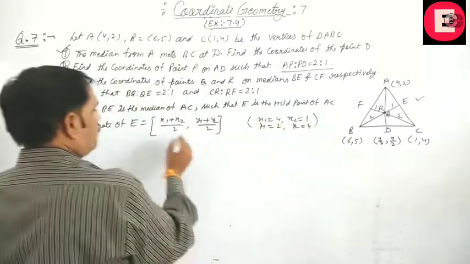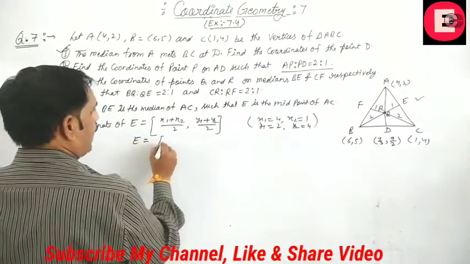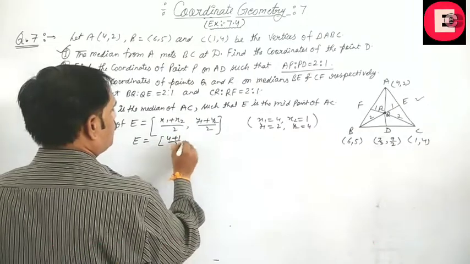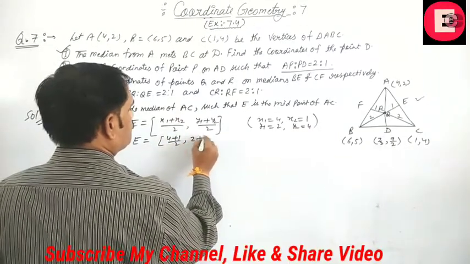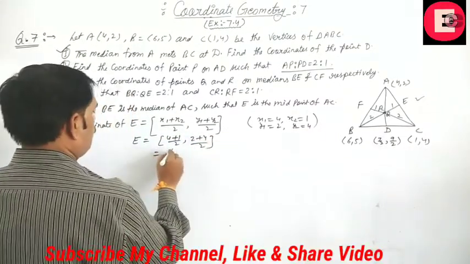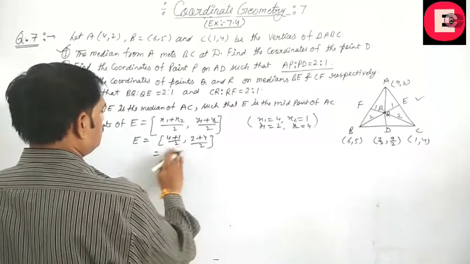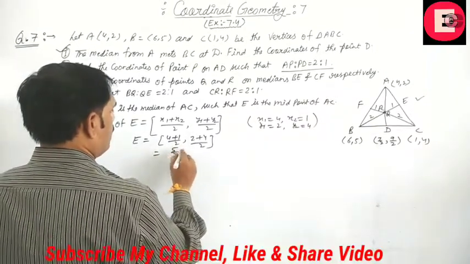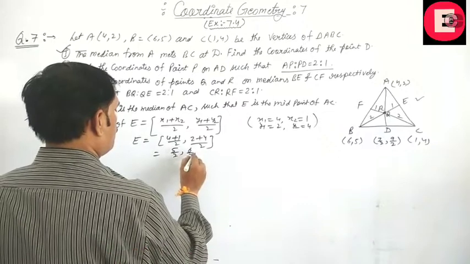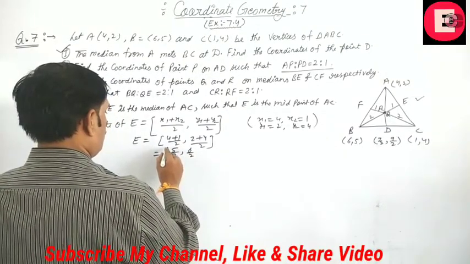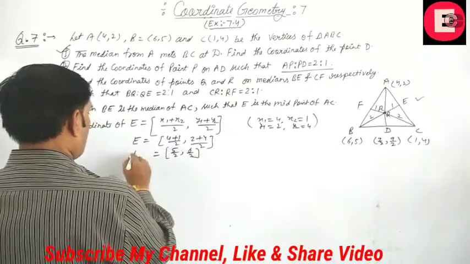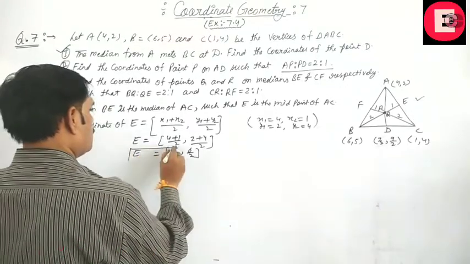Putting the values, (4 plus 1) upon 2 and (2 plus 4) upon 2, so 5 upon 2 and 6 upon 2 is the coordinates of E.